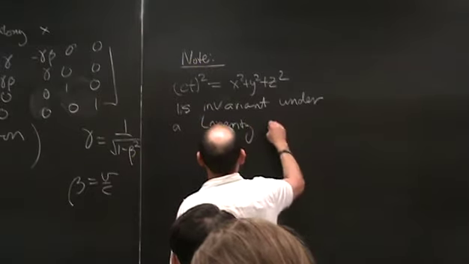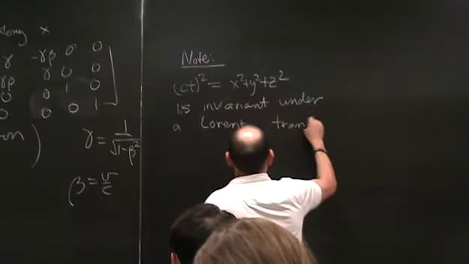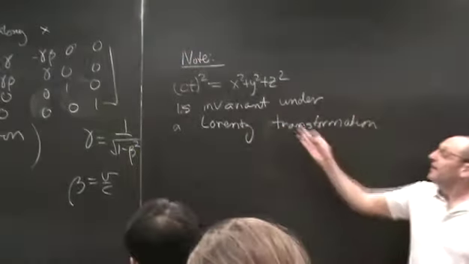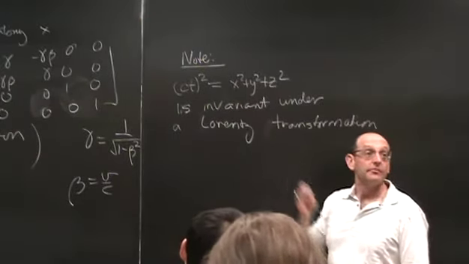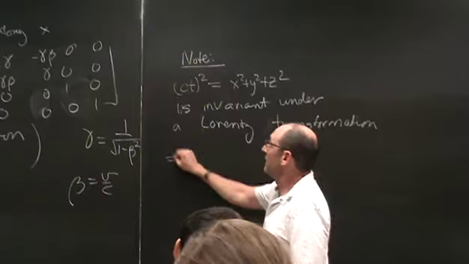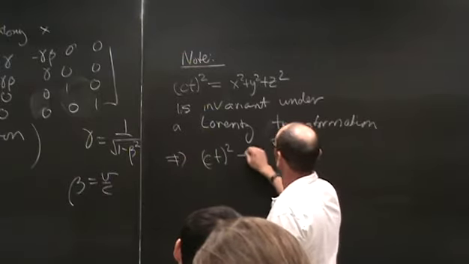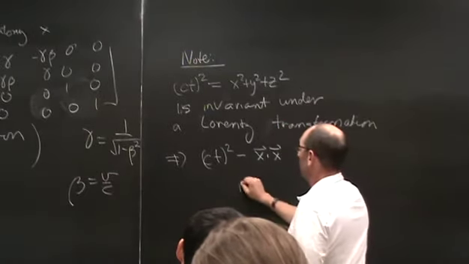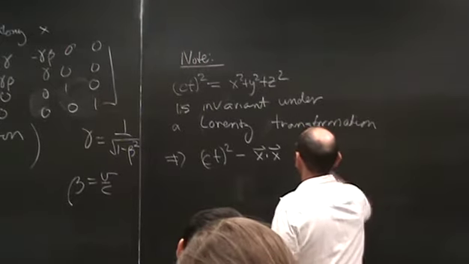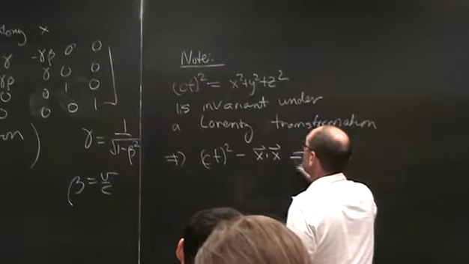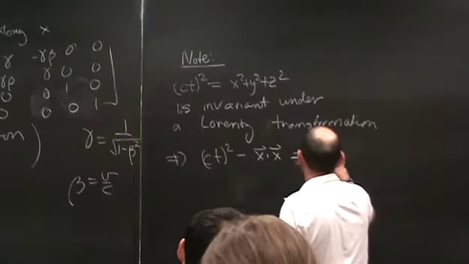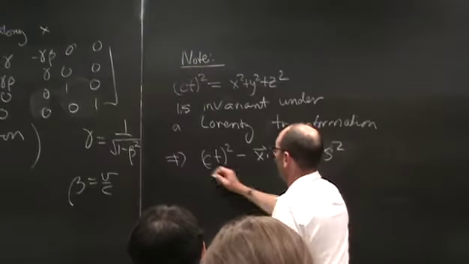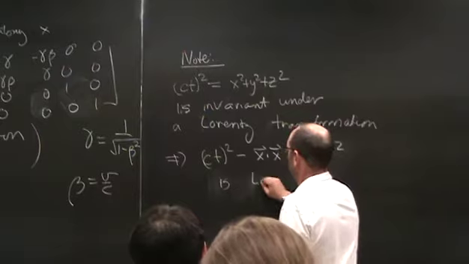In fact, that's how we just defined the Lorentz transformation. It was the transformation on the space-time coordinates that kept these things equal. Right? Which means that c squared t squared minus x dot x equals 0, or that difference, the difference between this and this, which we'll call s squared, is invariant. It's a Lorentz invariant.